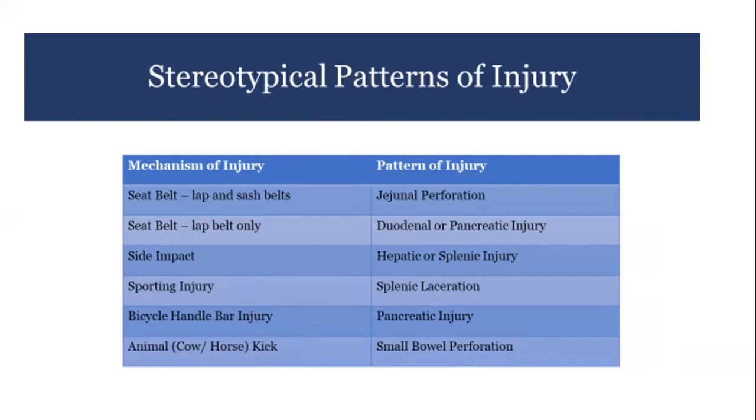If there was a side impact to the abdomen, usually it's the liver, or a pathological spleen, usually an enlarged spleen. With sporting injuries, such as being pierced by the handlebar of a bicycle, perforations happen to the jejunum, or pancreatic injury, but more commonly the jejunum. Or you could get hit by the horns of a cow and perforate the small bowel.